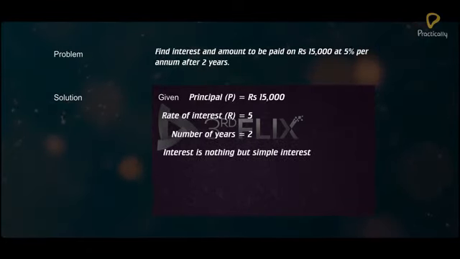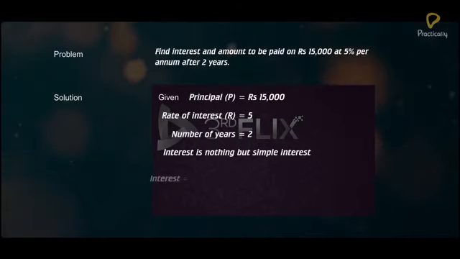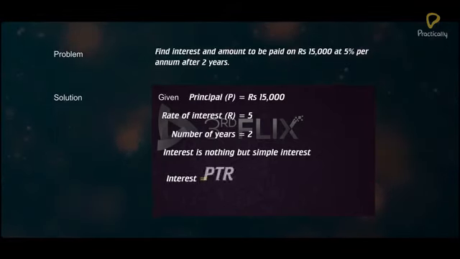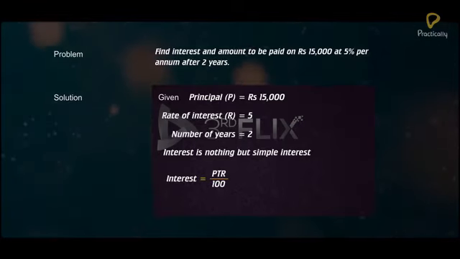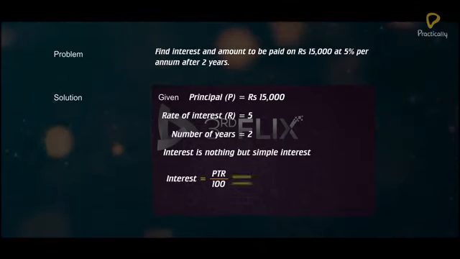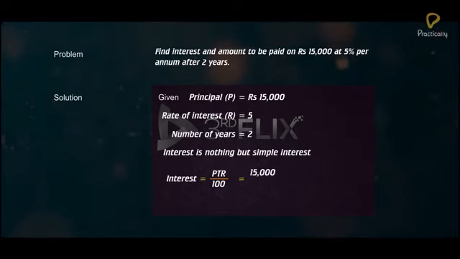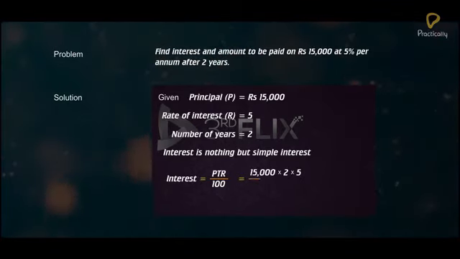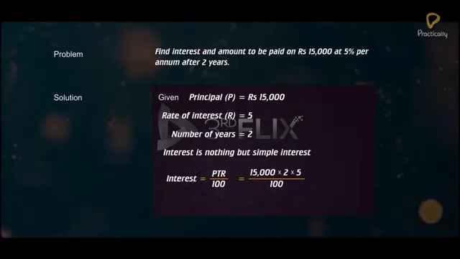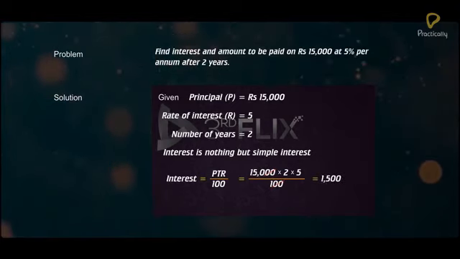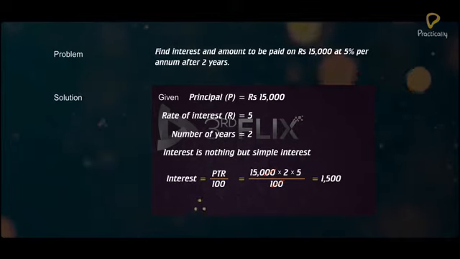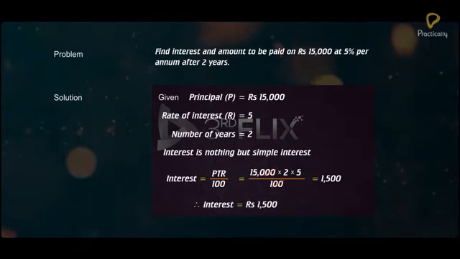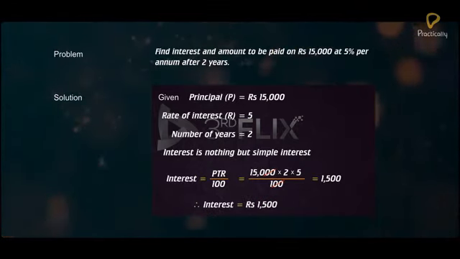Here, interest is nothing but simple interest. Interest is equal to PTR by 100, that is equal to 15,000 into 2 into 5 by 100, which is equal to 1,500. Therefore, interest is equal to rupees 1,500.